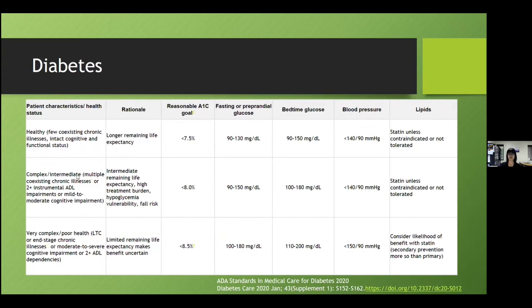So maybe the second level, we're looking at that fasting glucose in the 90 to 150 range. As we get even more complex, those in long-term care, those with limited life expectancies, targeting fasting blood glucose less than 180 with those corresponding A1C levels. So at 180, Mrs. T needs discussion regarding treatment options.